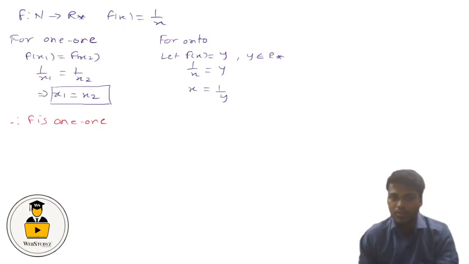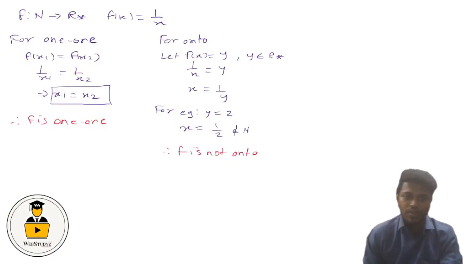But since the domain of x is natural numbers now, and y is a real number, it can be negative as well as positive. So if you take y equals 2, the value of x will be 1 upon 2. But this value 1 upon 2 does not belong to natural numbers. So for every value of y, there does not exist a value of x. Therefore, f is not onto.